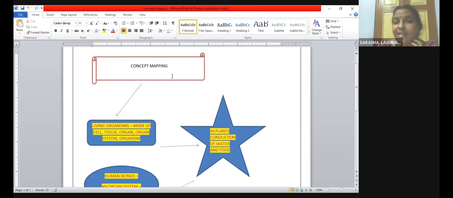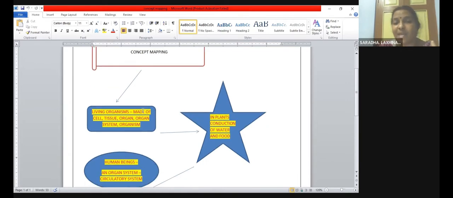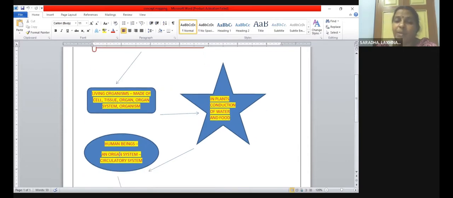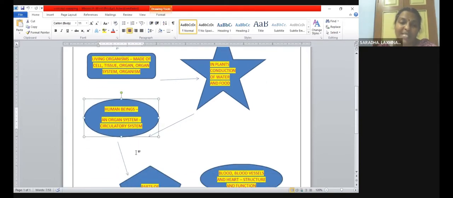Now, I tried a concept mapping like this. Living organisms are made of cells, tissues, and organ systems together make the organism. One kind of organ system is the transporting system. In plants, it is conduction of water and food, whereas in human beings an organ system is involved, called the circulatory system, otherwise called the transporting system.